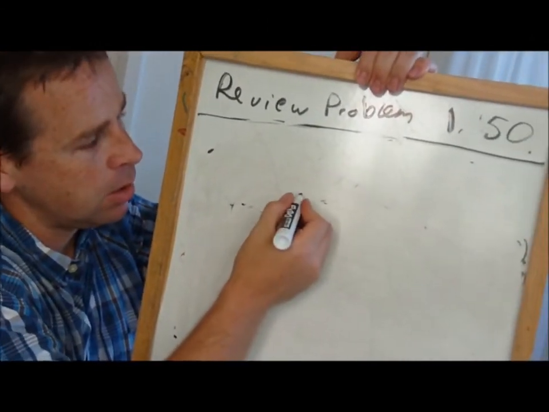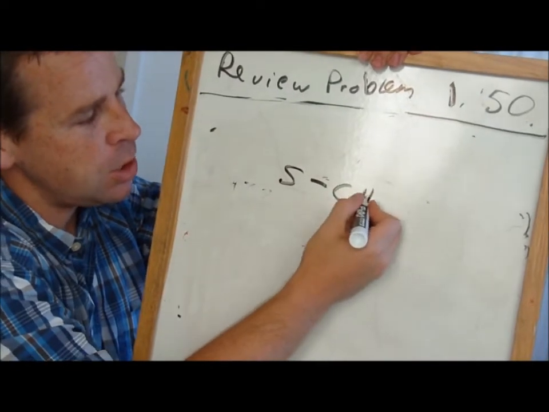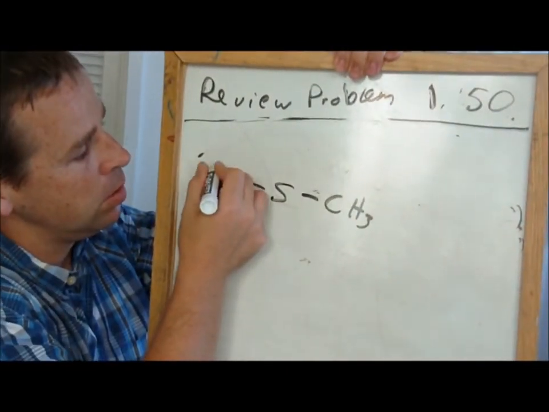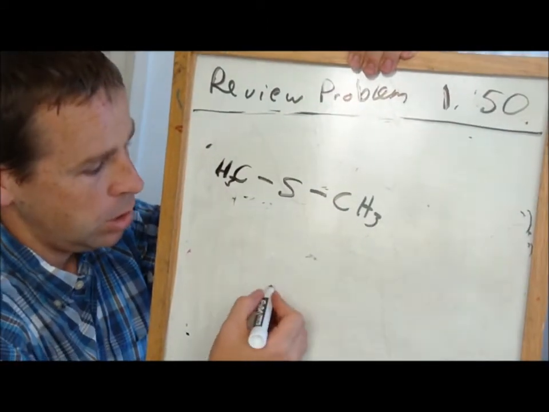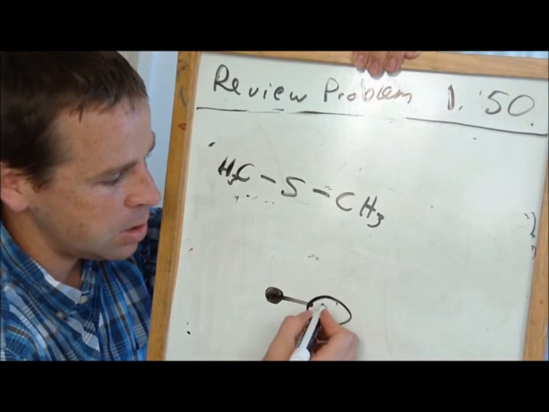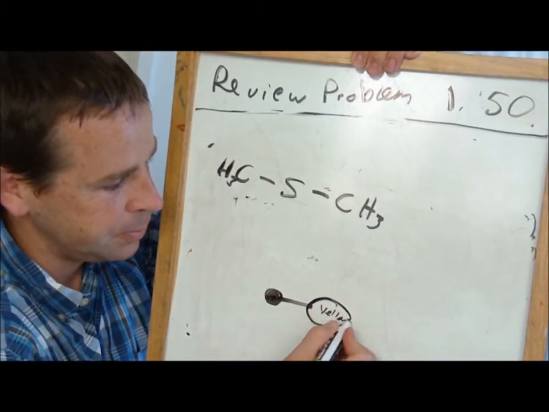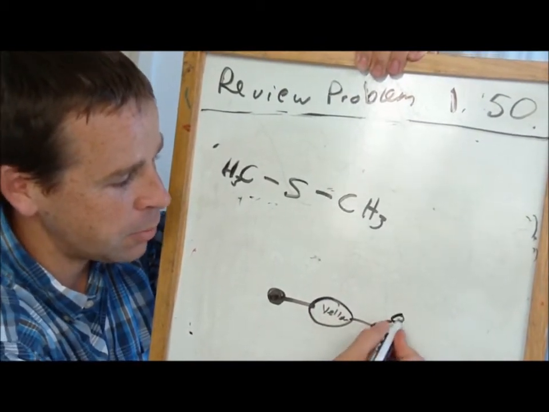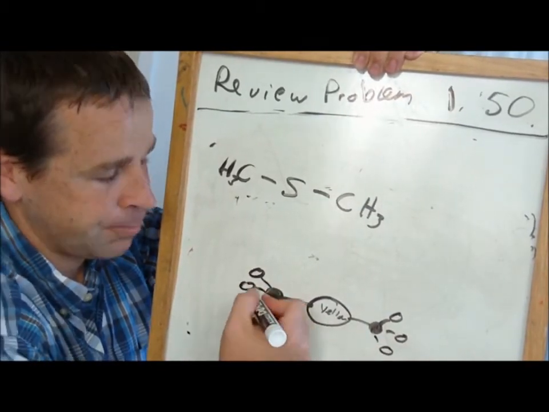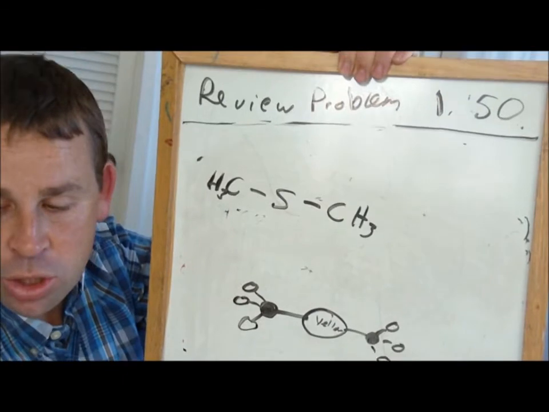And this is the sulfur with CH3, CH3, right? They show it like this, though. You have a carbon with a big yellow. This is yellow. Another carbon, and you have 3 oxygens coming off of it. Right? This is the compound that they show.